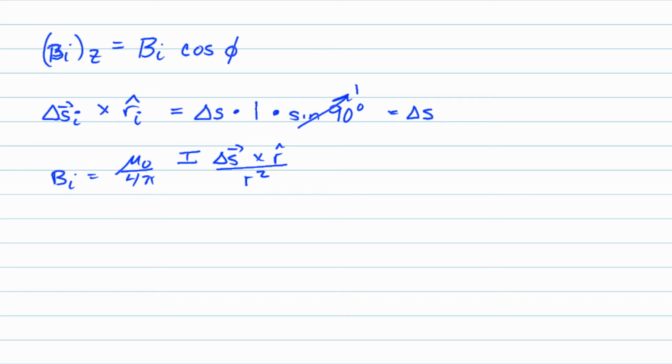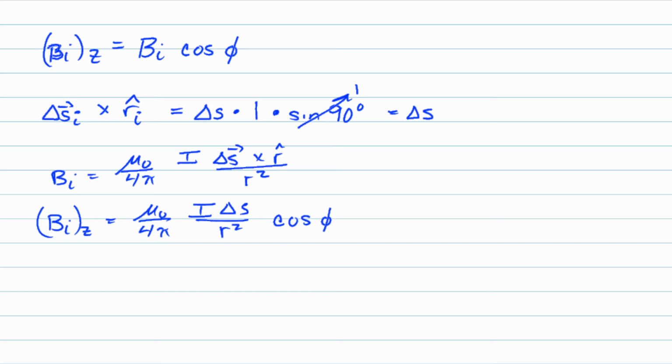Plugging in for what we just derived for the Z component of this, and accounting for the cross product that we've already gone through and solved, we get this equation.